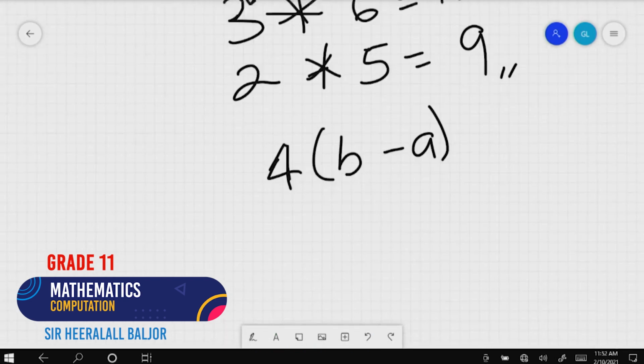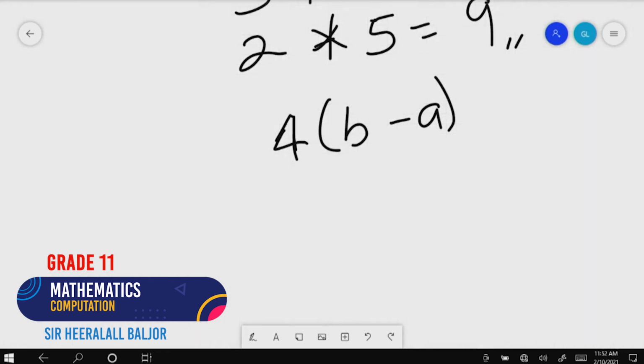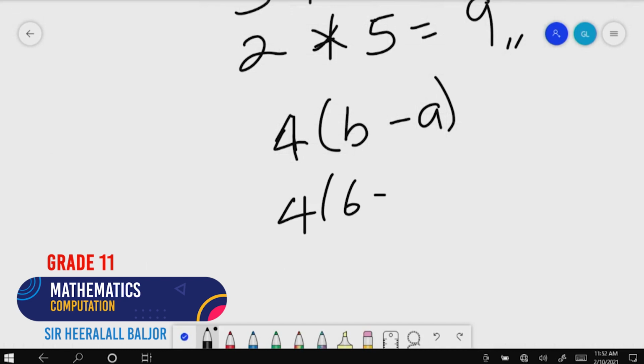In substituting here, we would see 4 of 6 minus 3, which is 4 of 3, which would have been 12.